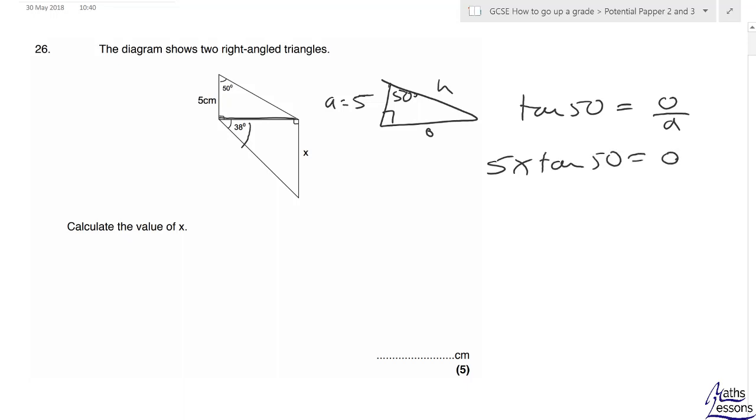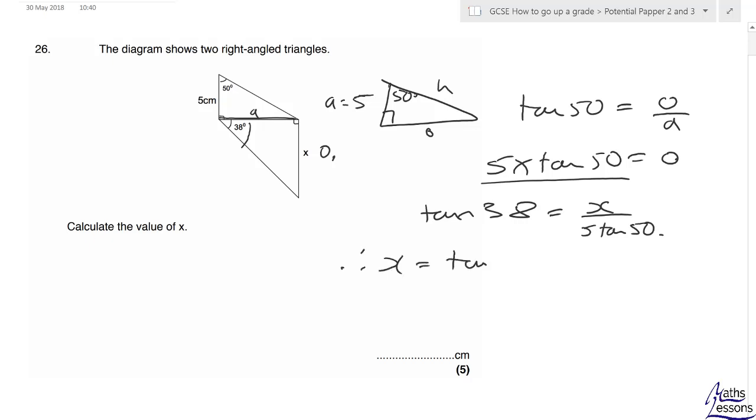Now I'm going to save myself some time and not work the opposite out. Now this is now my adjacent and this is my opposite in the next triangle. So therefore tan of 38 will equal the opposite x over the adjacent, which is all of that, 5 tan 50. So therefore x will equal tan of 38 times 5 tan 50.